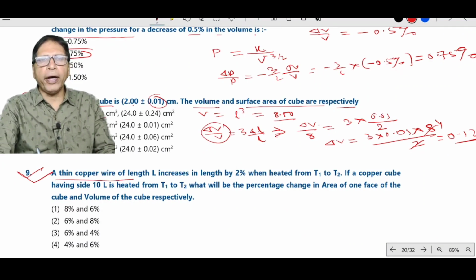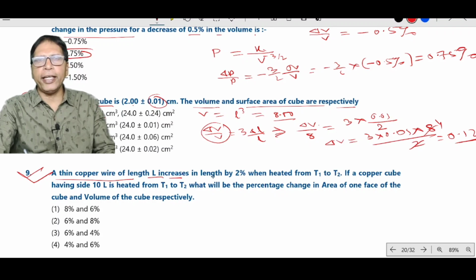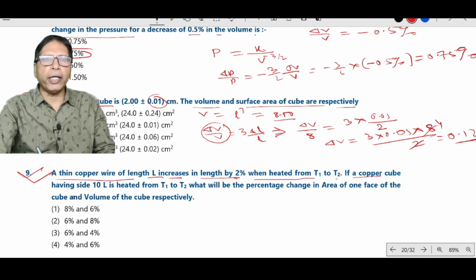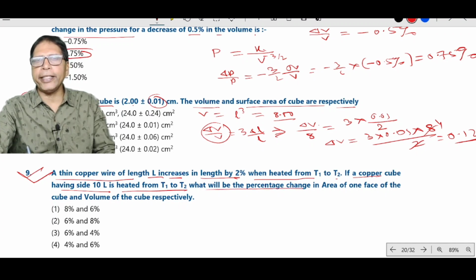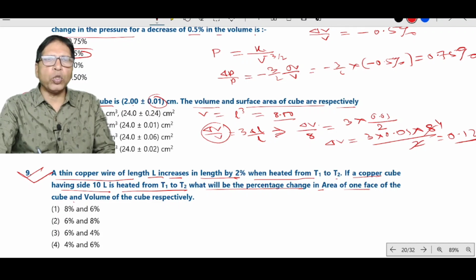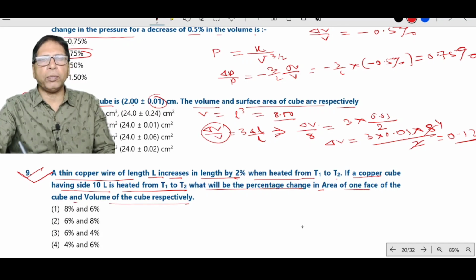A thin copper wire of length L increases in length by 2% when heated from T1 to T2. If a copper cube having side 10 L is heated from T1 to T2, what will be the percentage change in area of one face of the cube and volume of the cube respectively?